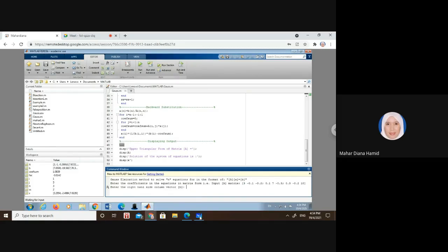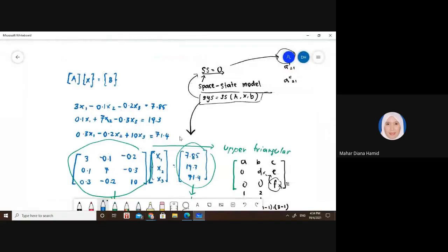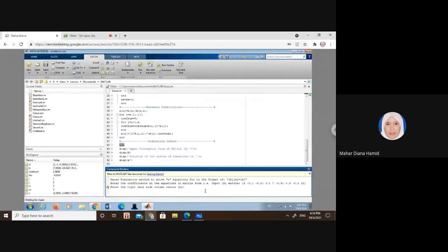And the column vector on the right would correspond to this value here. So it would be 7.85, 19.3, 71.4.